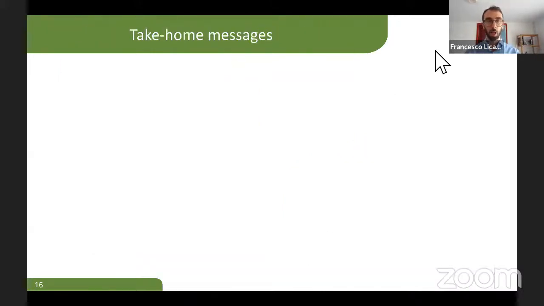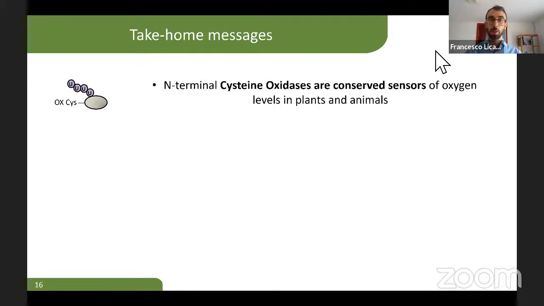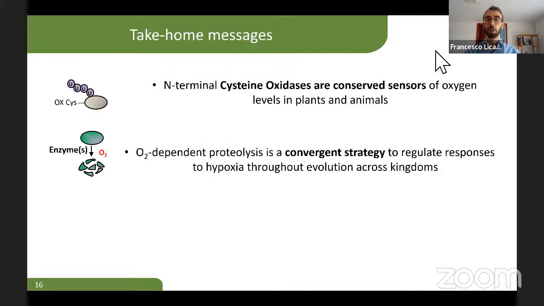So with this, I would like to conclude and leave you with three take-home messages. The first being that I hope I convinced you that N-terminal cysteine oxidases are conserved sensors of oxygen levels, both in plants and in animals. And then oxygen-dependent proteolysis currently is a very successful strategy to regulate transcriptional responses to hypoxia, again, both in plants and in animals.